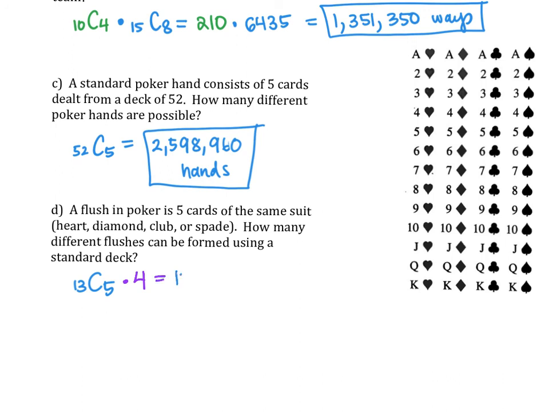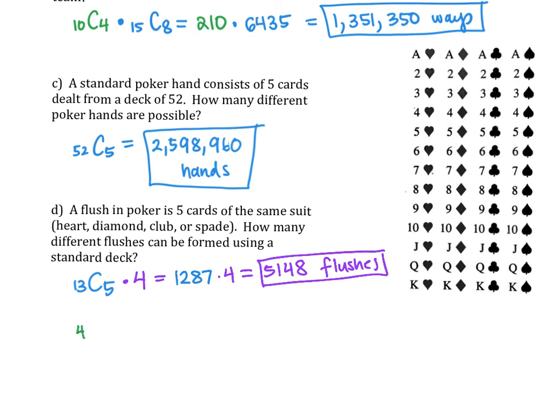And I'll see what this gets me. So there's 5,148 flushes possible, which when you consider the total number of hands in the deck is not very many. Okay, and that's one way to calculate it. If you prefer to use the formula all the time, the other way is I could say, okay, there's 4 suits to pick from.